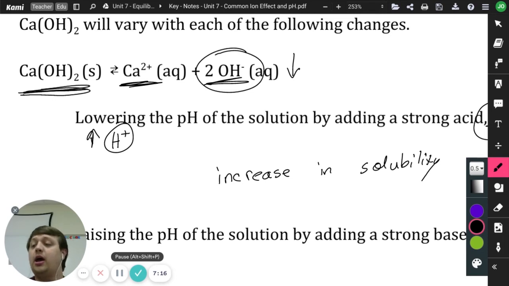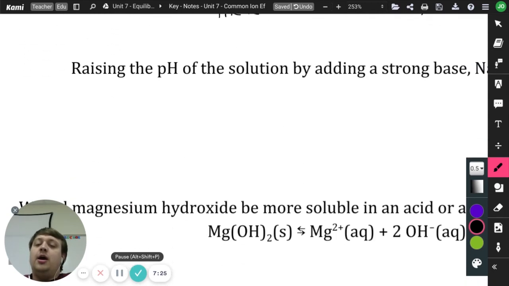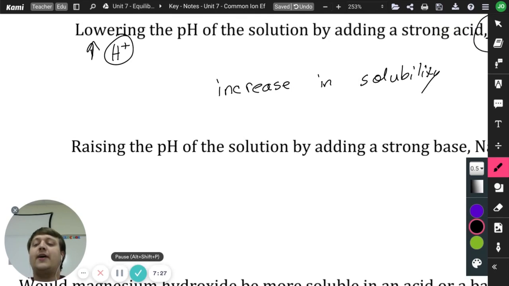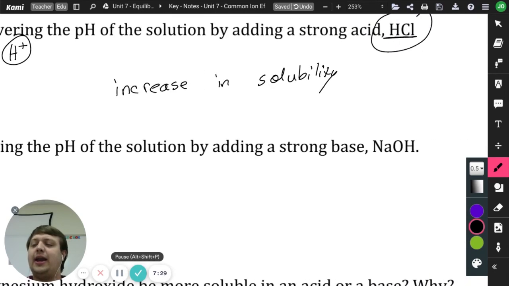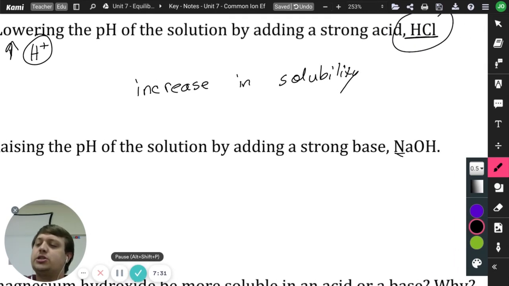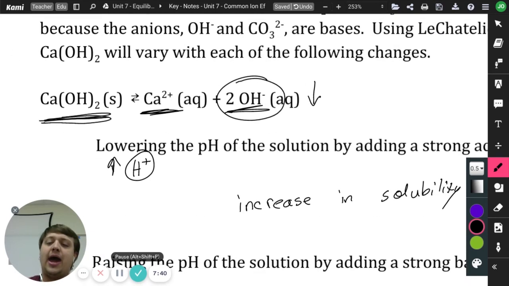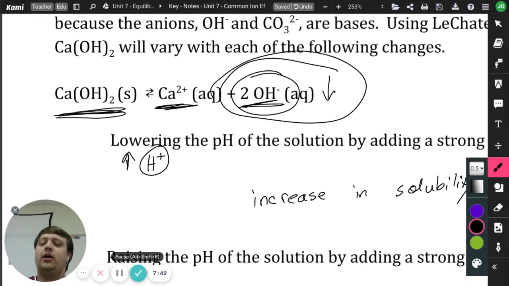And I'll actually write that out on your notes key later, just that explanation of what's actually going on. All right? Next thing, what would happen if I raise the pH of the solution by adding a strong base, which is sodium hydroxide? In this case, what am I adding to the solution? I'm adding hydroxide. As I add more hydroxide, I'm adding more to my product side over here.